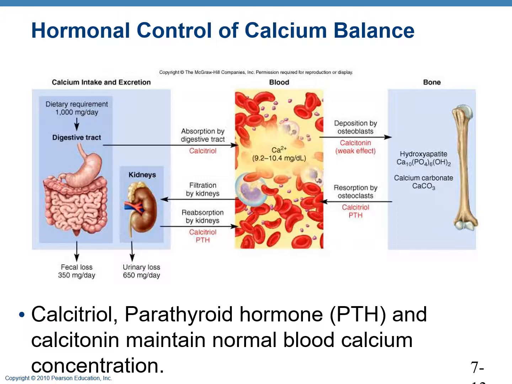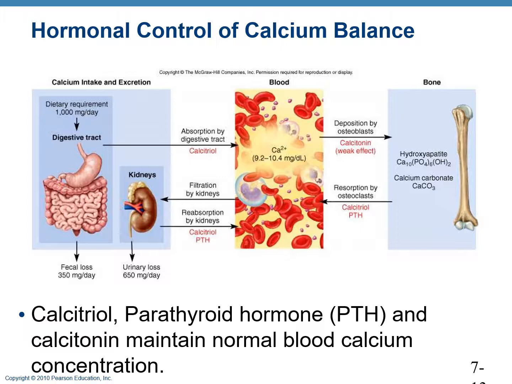So the ways that it does this, it increases osteoclast population. So remember that osteoclasts are going to break down bone tissue. If you're breaking down bone tissue, you are harvesting the minerals that were in that bone, and that can be released into the bloodstream. It also promotes calcium reabsorption by the kidneys.